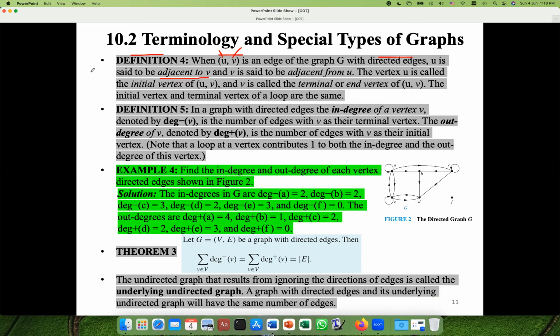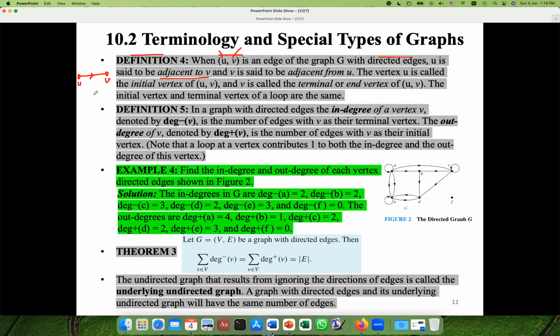So if this is an edge, again, I'm just drawing. If it is U and if it is V, and this is an edge with direction given, so this is an edge UV in a graph with directed edges.